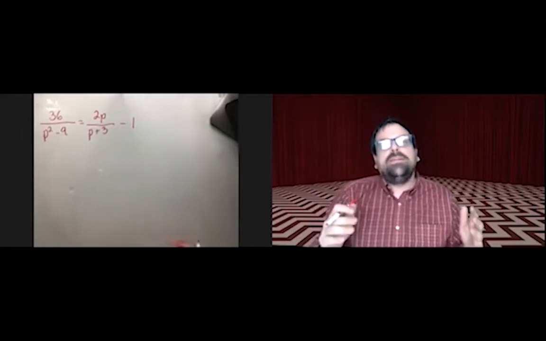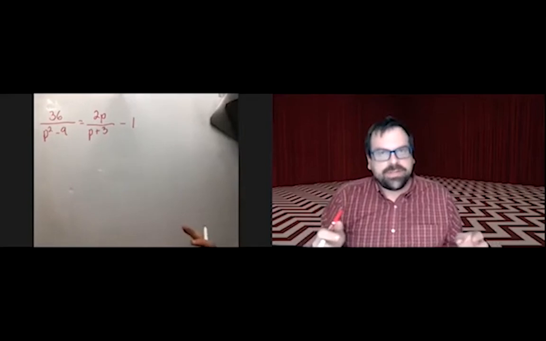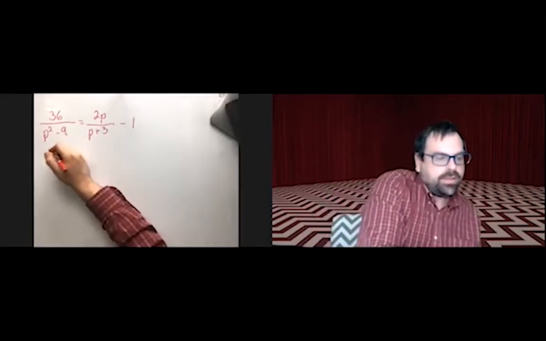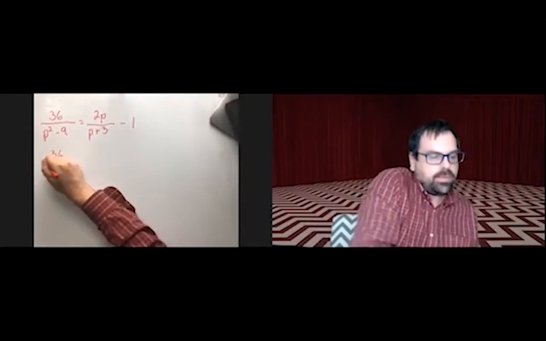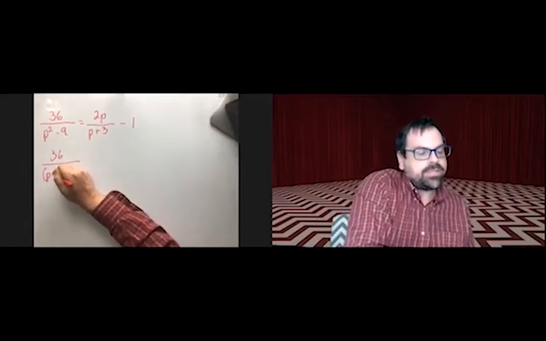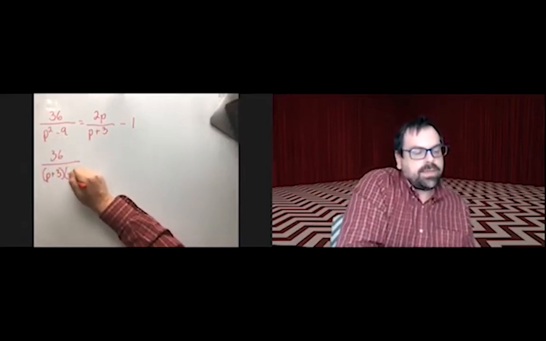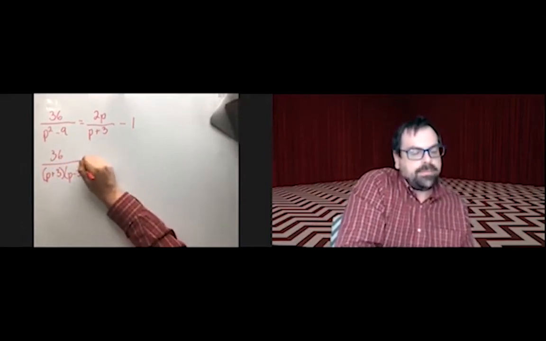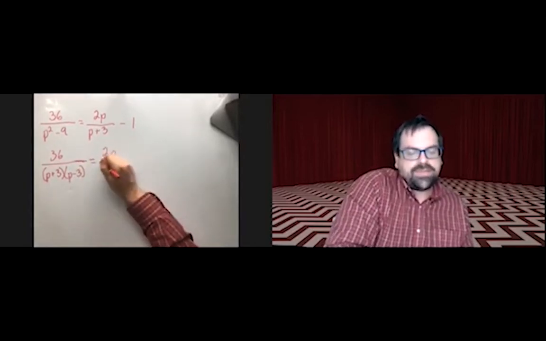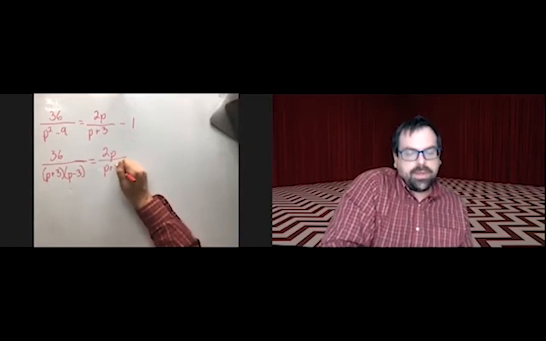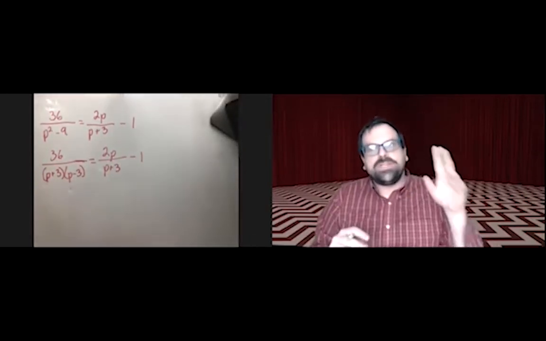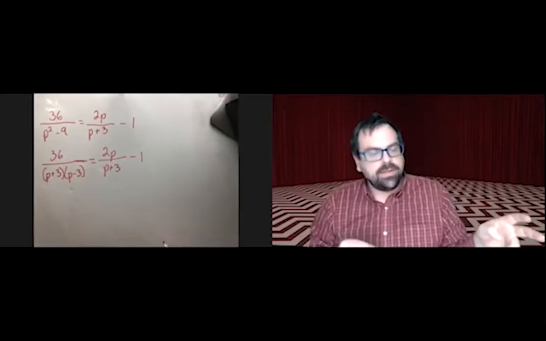Whenever we're given something that has anything that factors, we go ahead and start by factoring where we can. P squared minus 9 is p plus 3 times p minus 3. Nothing else factors. But factoring first helps us with two things.